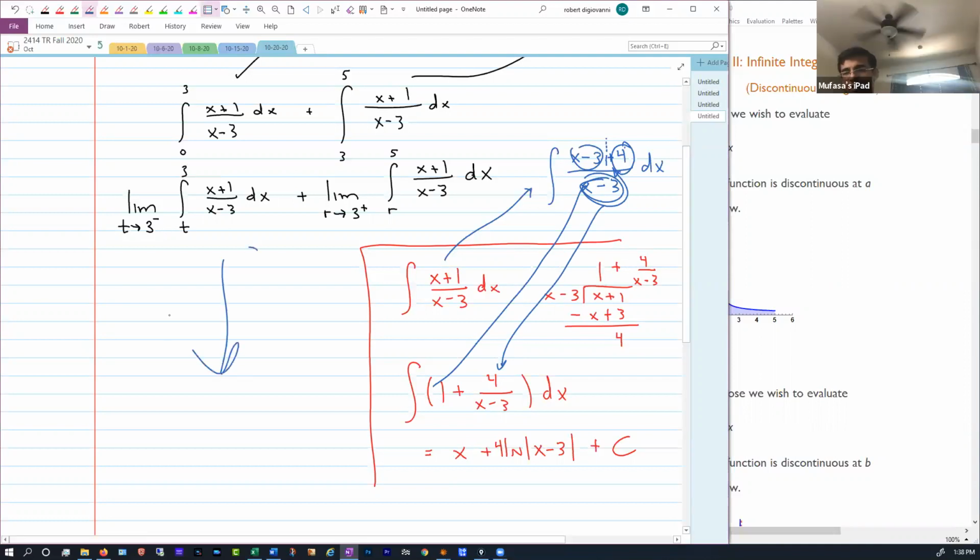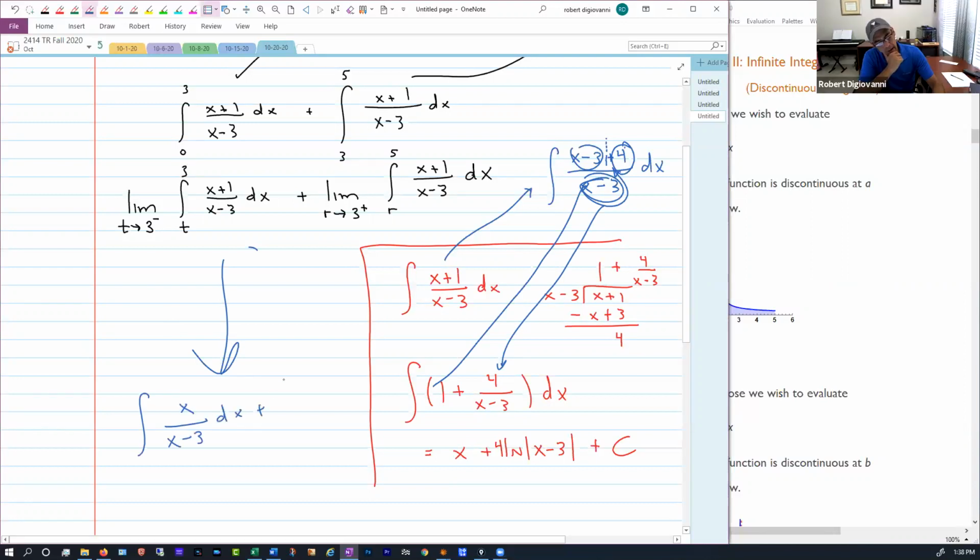Even if you divide them into two different integrals, like x over x minus 3 plus 1 over x minus 3, you will get the same answer. Well, yeah, but my only issue here is, how are you going to do the x over x minus 3?